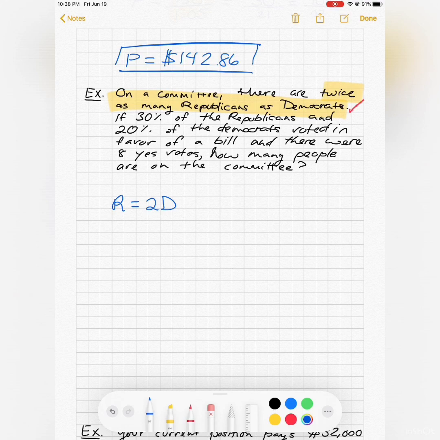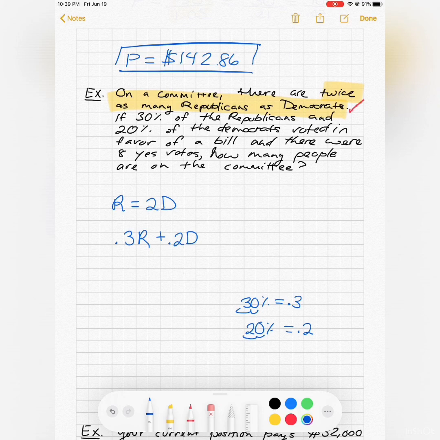If 30% of the Republicans, so 0.3R, remember 30% is 0.3, and 20% of the Democrats, let me use a capital to be consistent.